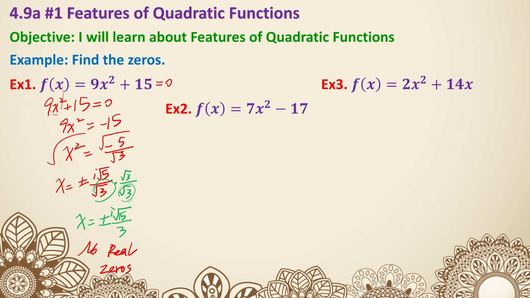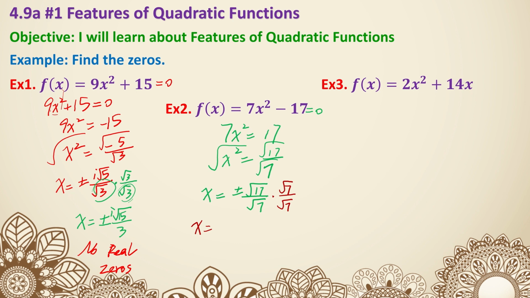Okay, next, same thing. Equals 0. 7x squared equals 17. x squared equals 17 over 7. So I can take a square root on the top and on the bottom. So x equals plus minus square root of 17 over square root of 7. And then same thing, we're going to multiply the top and the bottom by a square root of 7.